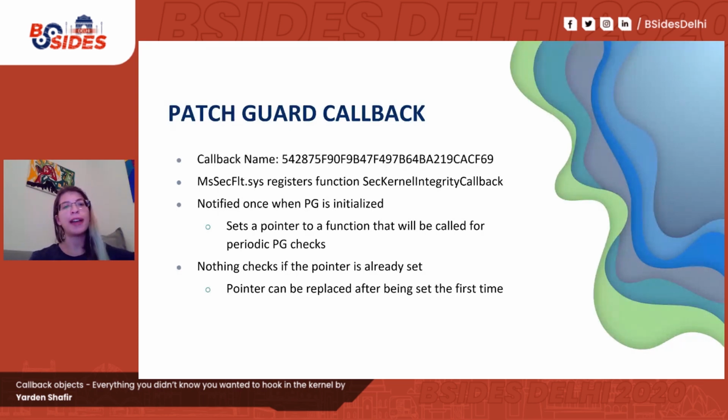So you can notify the callback again and see what happens. Now, my guess is that on newer systems with HyperGuard, this pointer will probably be protected and you will probably not be able to change it, but it might be worth checking, might be worth seeing what's there.